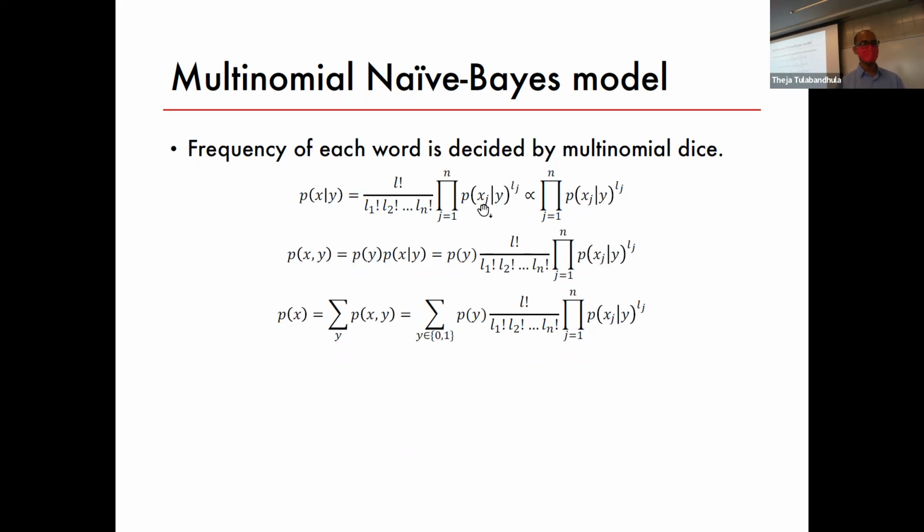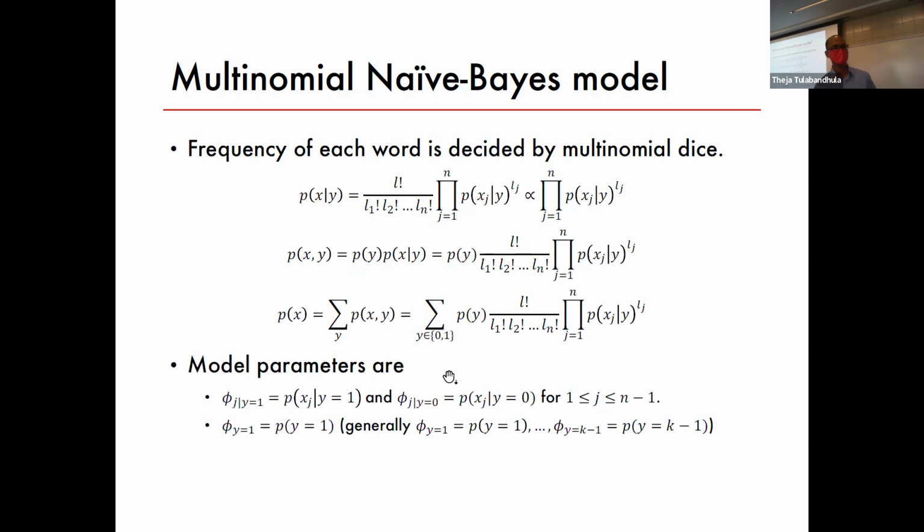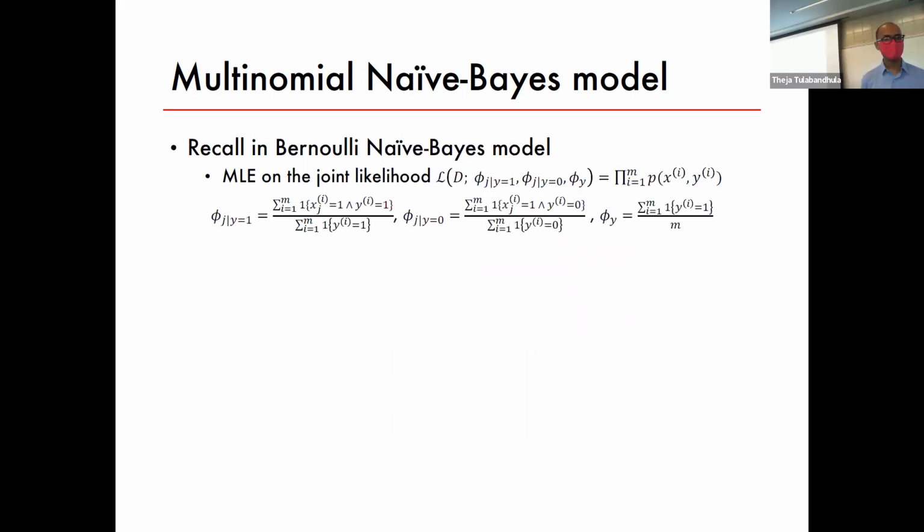And for the joint distribution, you just plug in this expression in the next couple of lines. So the model parameters are exactly the same as before, except the way they are used is different. So Pj given y equals 1 and Pj given y equals 0, as well as P of y equals 1. The estimation will be slightly different. There seem to be a lot of summations going on here, but the intuition is exactly what I mentioned a few minutes ago.